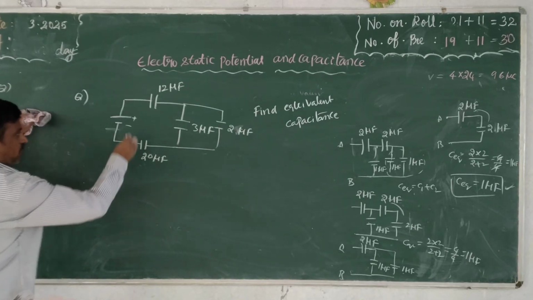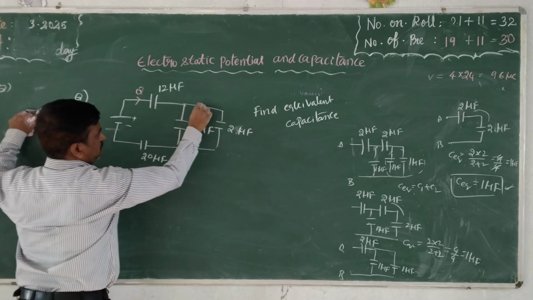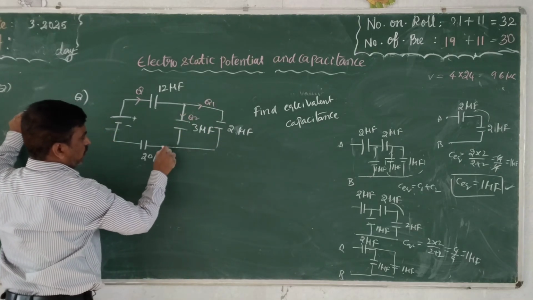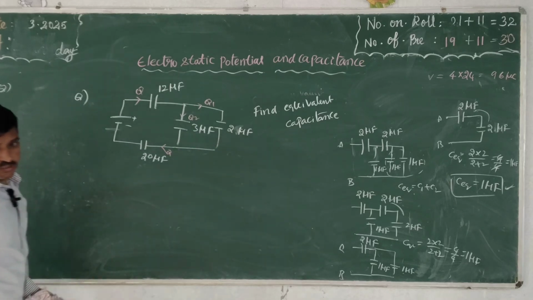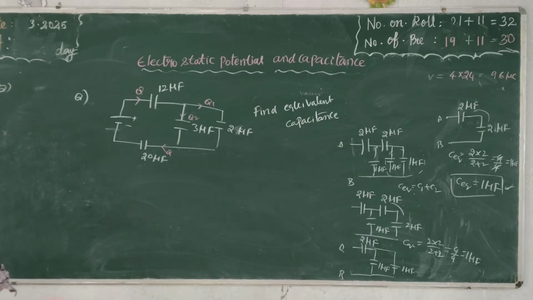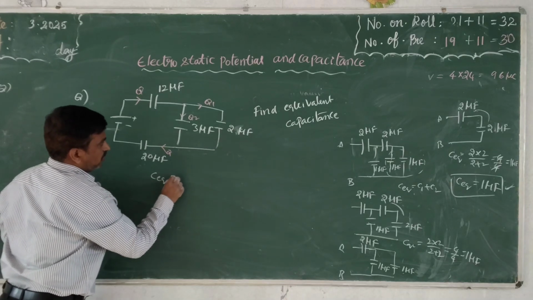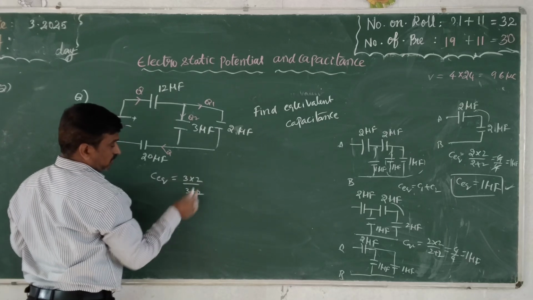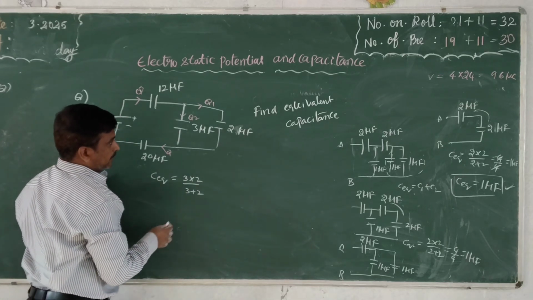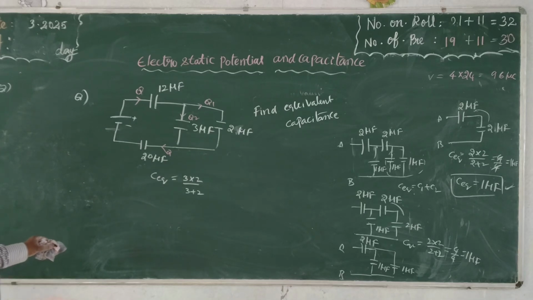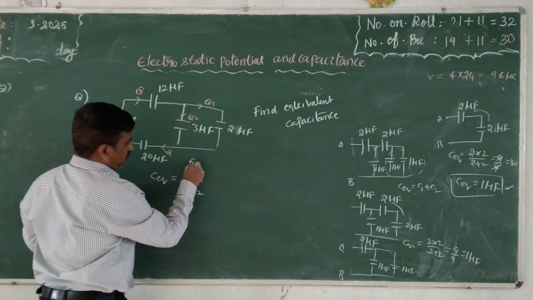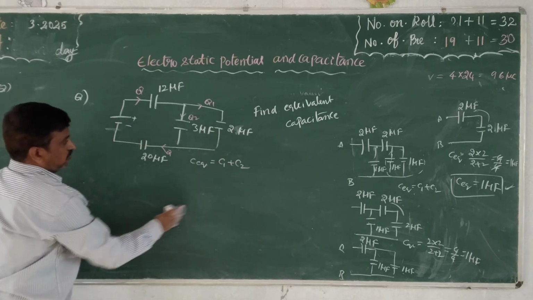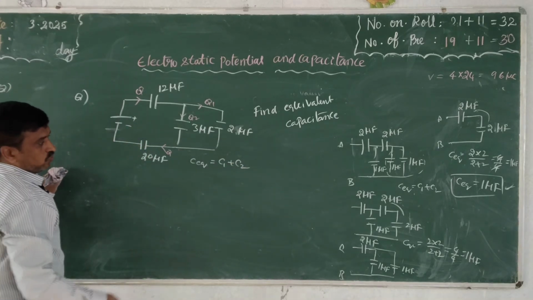Here we can write the charge is q, here it passes and divides into q1 and q2. Now they combine again, q1 and q2 come out. These two have different charges. Different charges means parallel. So for these two, C equivalent equals C1 plus C2 for parallel combination.